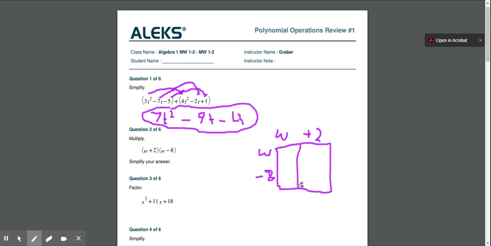So W times W goes in this box, which is W squared. This box is 2 times W, which is 2W. This box is negative 8 times W, which is negative 8W. And this last box is 2 times negative 8, which is negative 16.